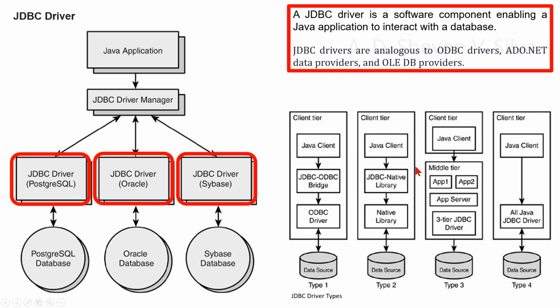Type 2 JDBC drivers translate JDBC calls into native DBMS APIs. Type 2 drivers consist of a Java component and a native code component, which requires that binary code be loaded on each client machine.